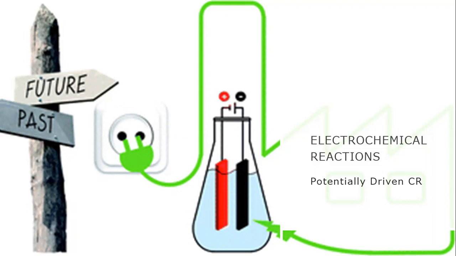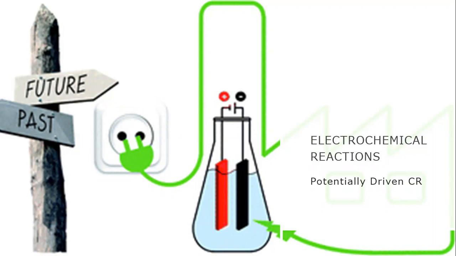Electrochemical reactions are basically chemical reactions which are potentially driven. Normally you apply a specific potential to start a chemical reaction. If you're characterizing a chemical reaction or a series of chemical reactions, you sweep the potential across a range to determine the nature of the chemical species present in your cell.